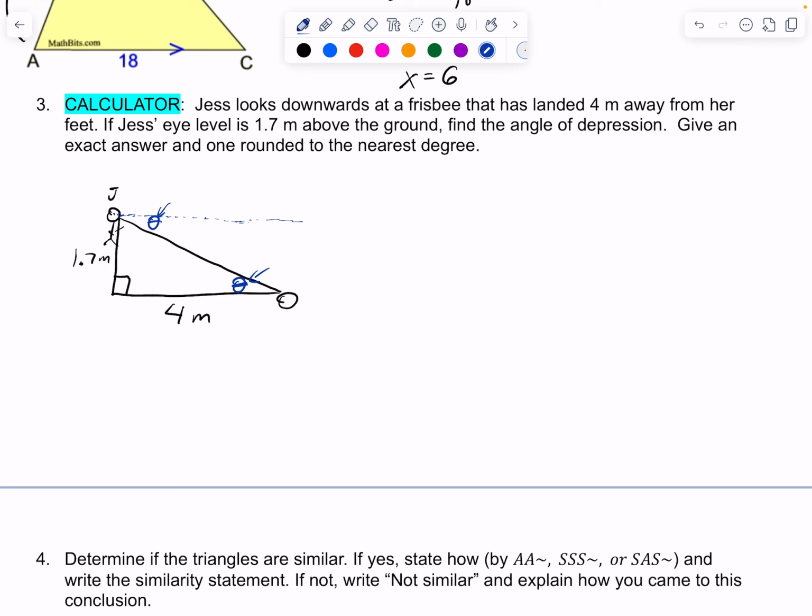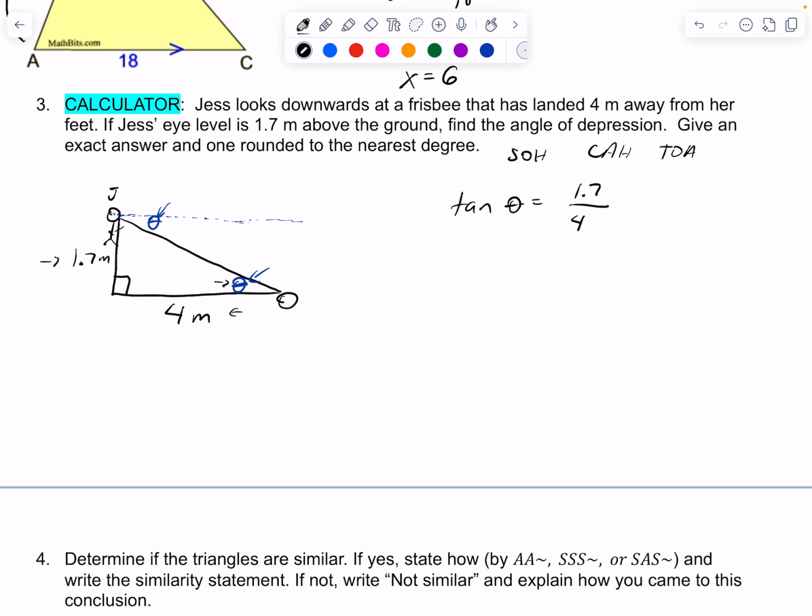So I'm going to use my SOHCAHTOA. All right, choose one of these. And when I'm looking at it from the perspective of this angle, I have the opposite side and the adjacent side, so I will be using tangent. So tangent of theta equals 1.7 meters over 4 meters.